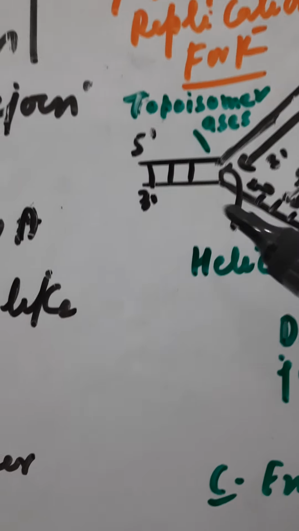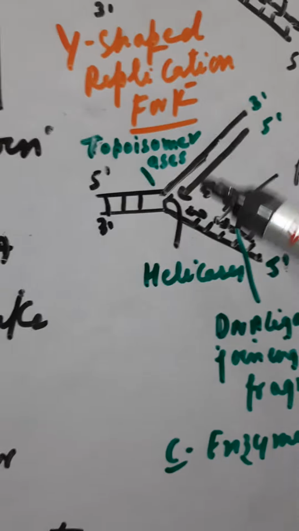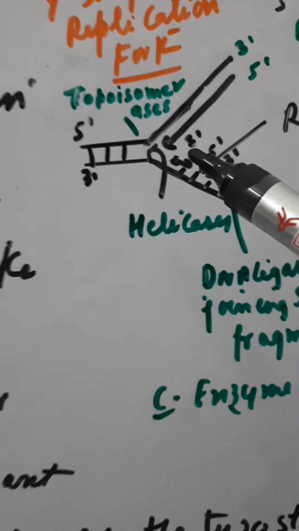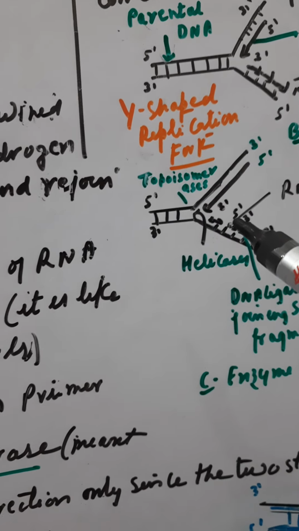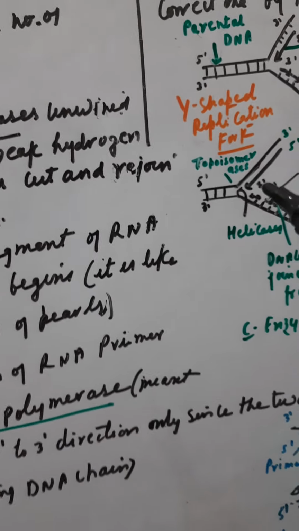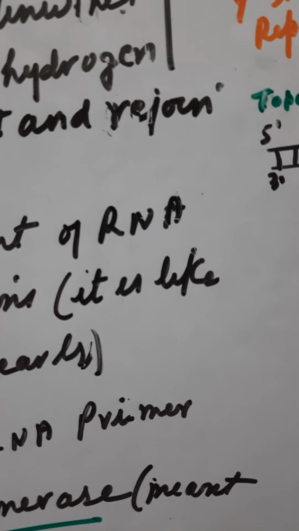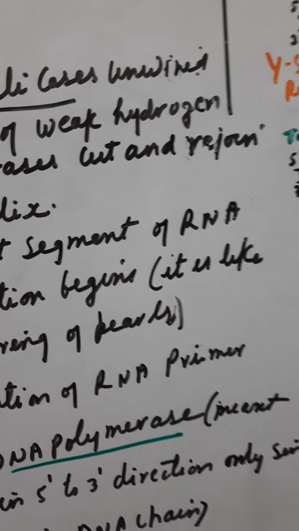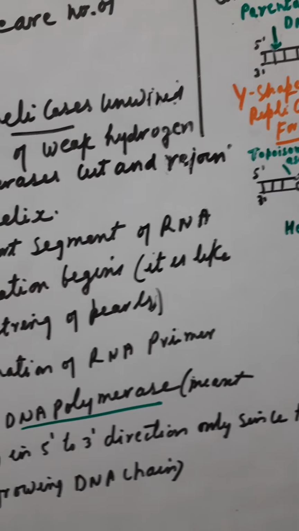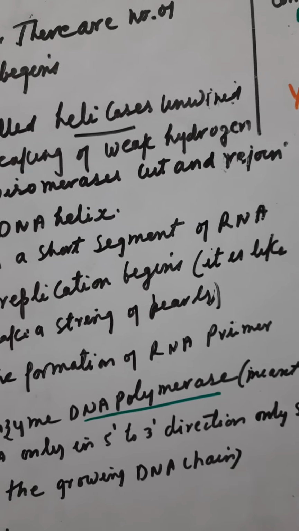What does it do? This enzyme unwinds or separates the two strands, and it involves the breaking of the weak hydrogen bonds present between the bases.